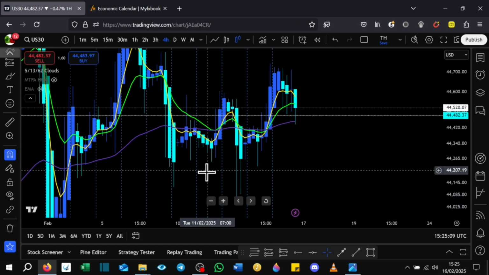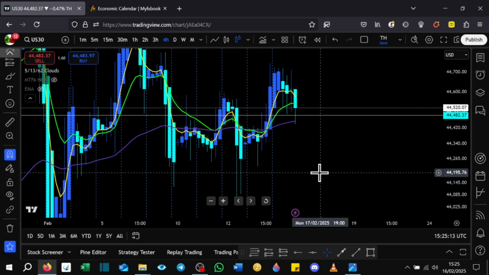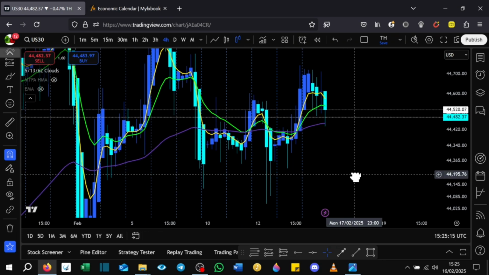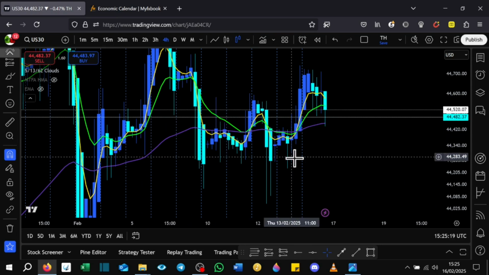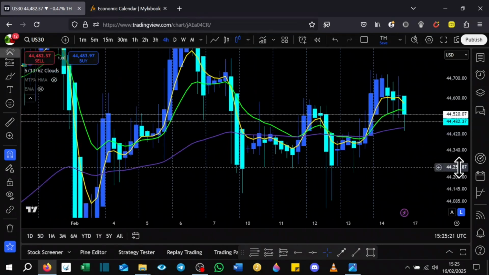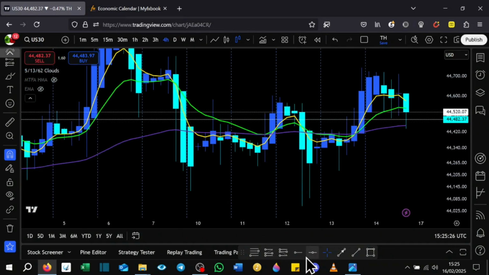And US 30, has it been good this week? Monday, we did have the 13 EMA crossover. So let's show this as an example for a sell stop.